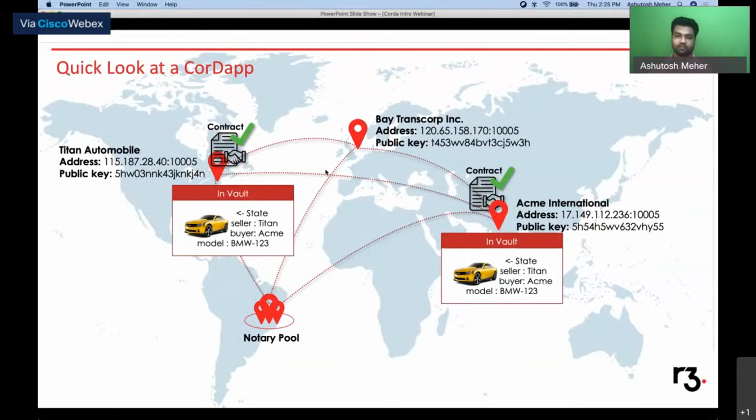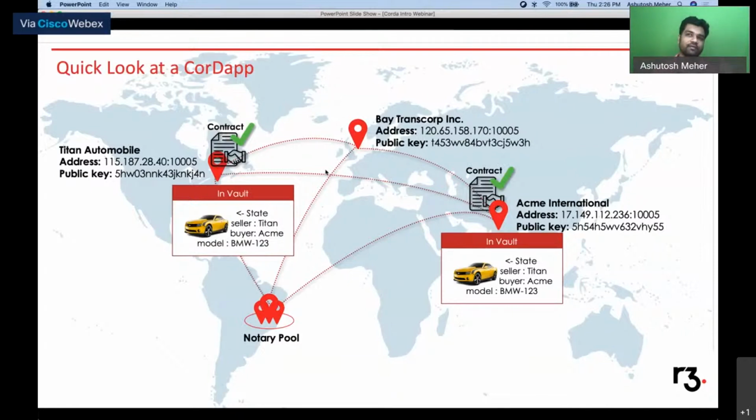Let's look at how a Corda app would look, how it is actually structured. A Corda app generally has three different components: a state, a contract, and a flow. Now, what is a state? Well, state is your representation of your facts, right? It's the representation of your asset and the facts in the asset. We talked about a transaction about a vehicle, right?